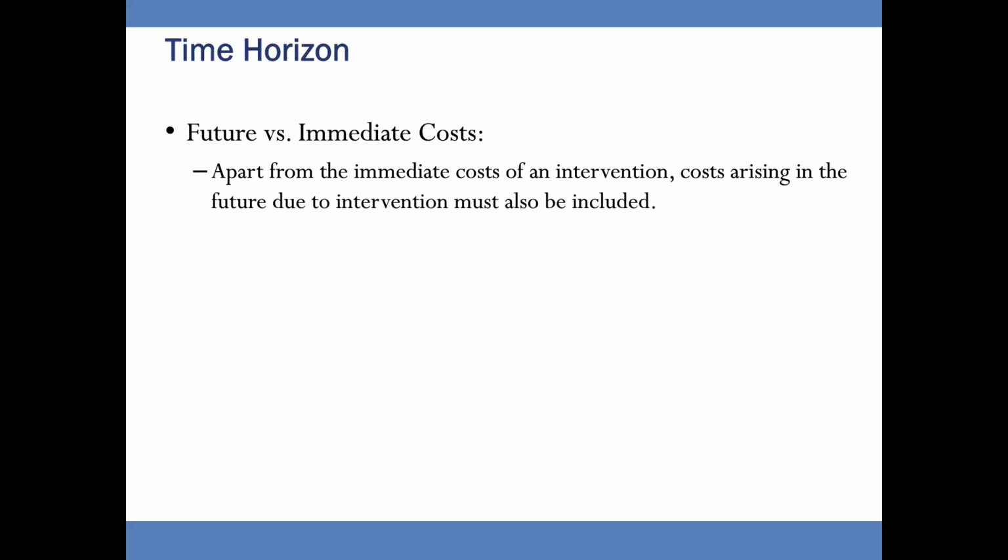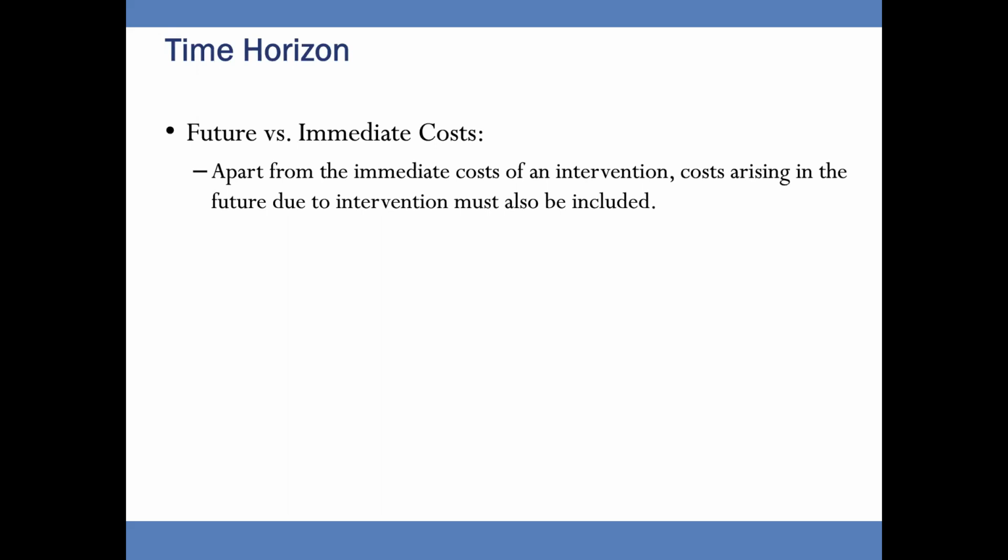Think about bariatric surgery, which is surgery for people with severe obesity. It's a very expensive procedure, so it costs a lot in the first few weeks. However, you don't see a drop in your weight right away. It takes time, several years down the road.